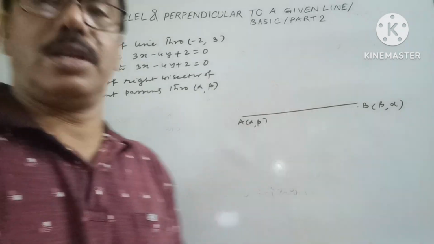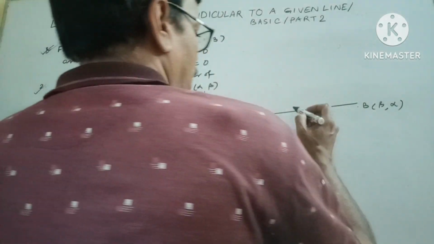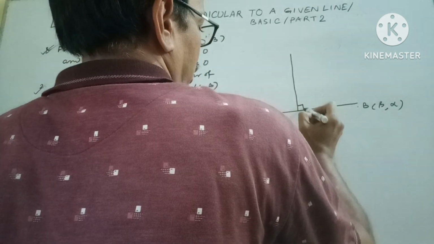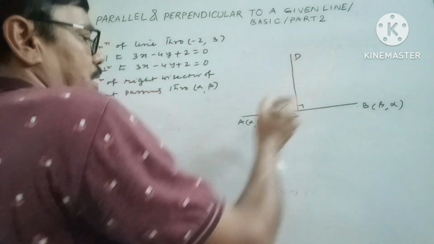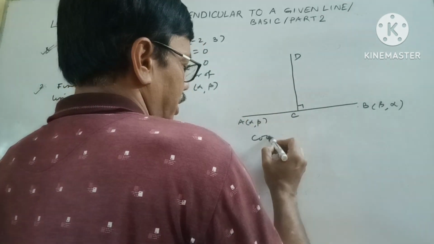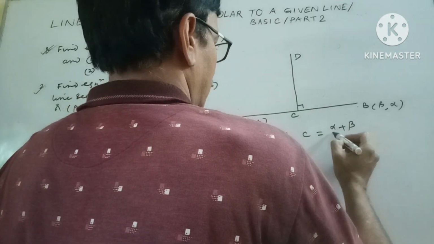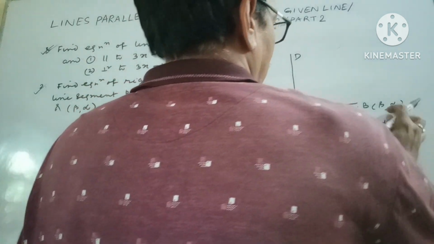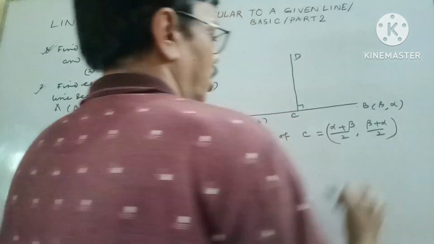A right bisector means perpendicular bisector, that is, passing through the midpoint of the line segment and perpendicular to it. So it will be C. C is the midpoint. So the coordinates of C are (alpha + beta)/2, and also (beta + alpha)/2, that is the same x and y coordinate.